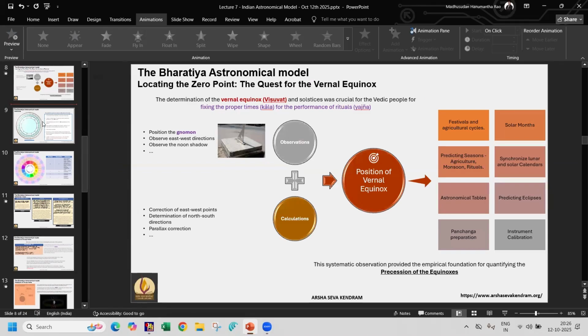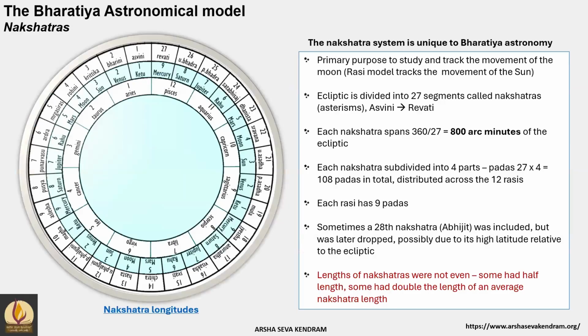We also touched briefly upon the 27 nakshatras, starting from Ashwini, Bharani, Kritika, Rohini. Like I said, it represents the fixed background of stars against which the dynamic motion of the planets happens in the foreground. The Nakshatra system is very unique to Bharatiya astronomy.